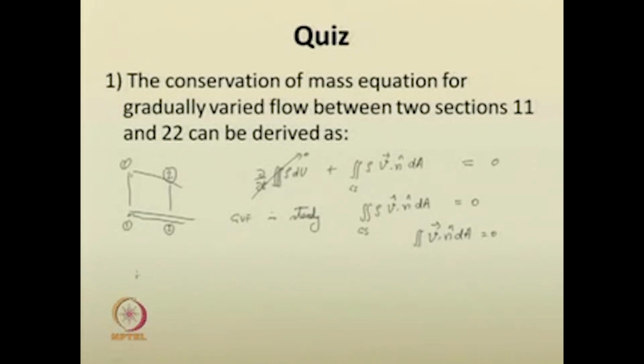So, minus V1 average velocity into A1 plus V2 A2 is equal to 0, or V1 A1 is equal to V2 A2 is equal to your discharge Q. So, this is the conservation of mass or continuity equation for gradually varied flow.